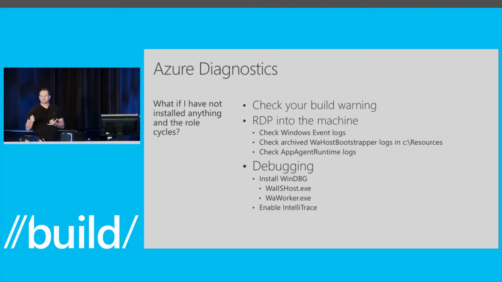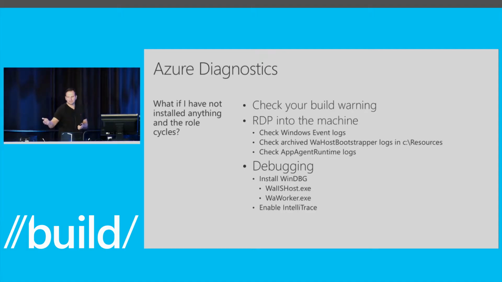Then you can check the WA host bootstrapper logs. They're in the C resources directory. This is basically the whole role startup, because there's a guest agent that communicates with the host agent, and it gets the information, I have 3 startup tasks, I need to run them, and then it would actually show you when it breaks down.